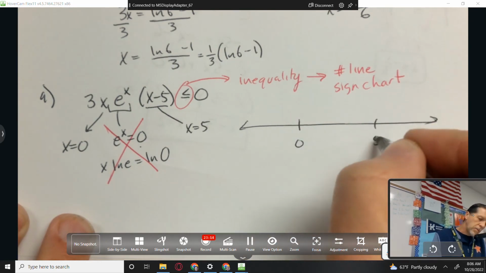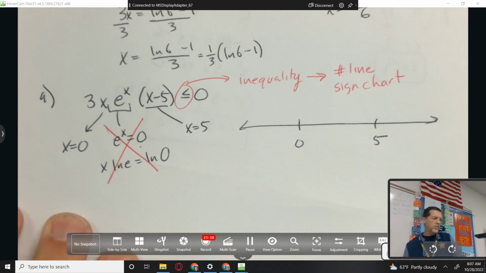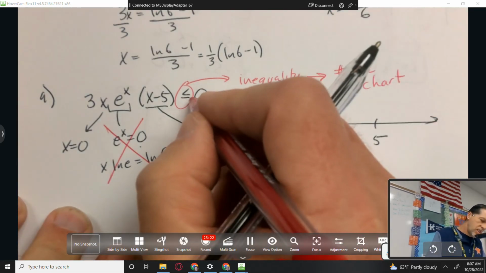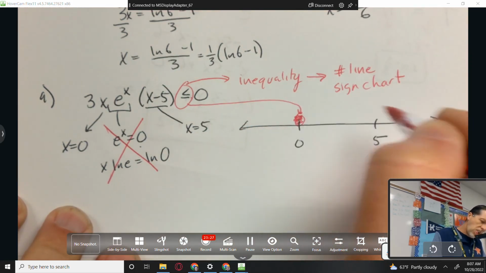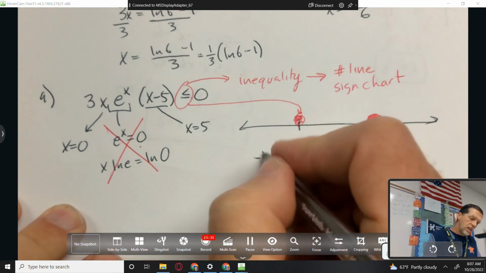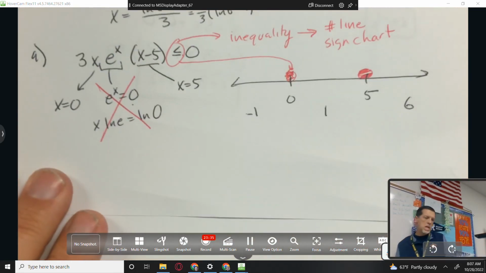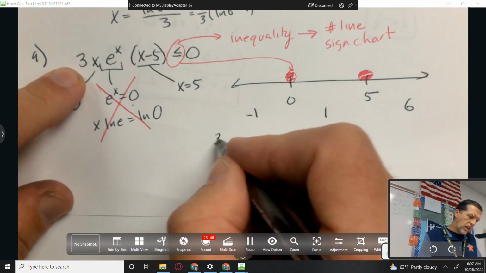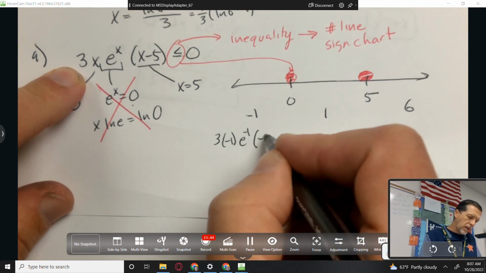So we make a number line with 0 and 5. Open circles or closed circles at those? Closed. Because of the equal sign. And then I'll try something on each interval. So if I plug in -1, I get 3 times -1 times e to the -1 times -6.